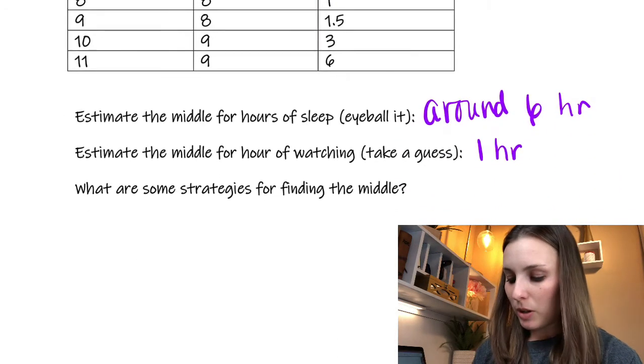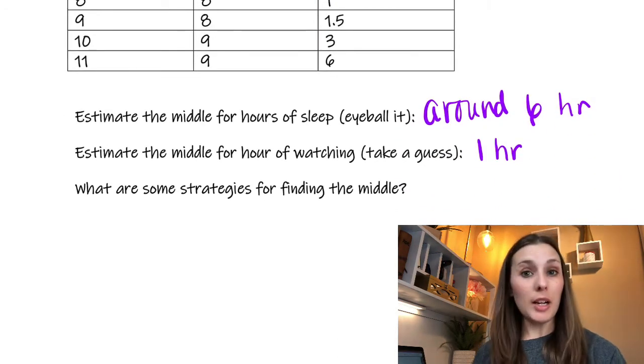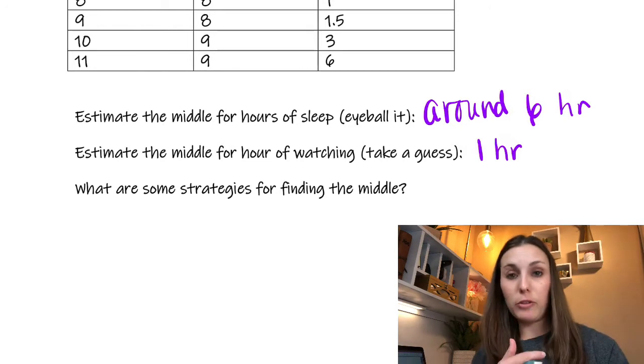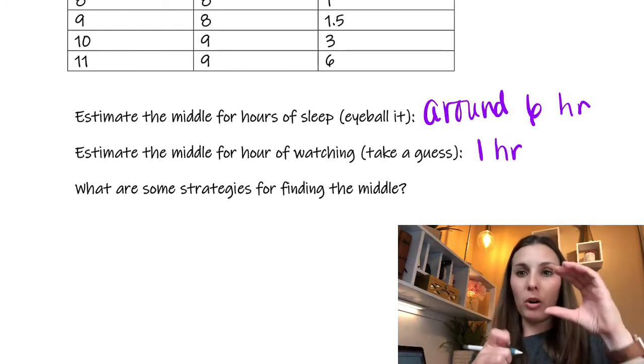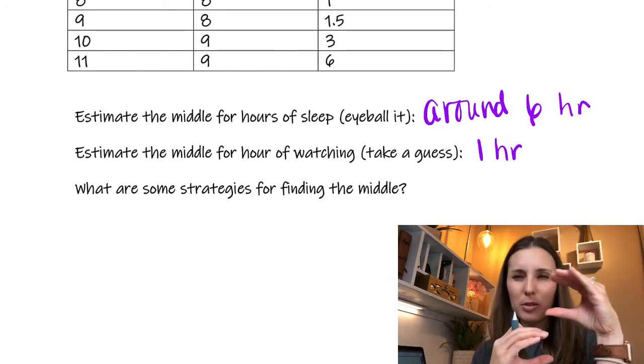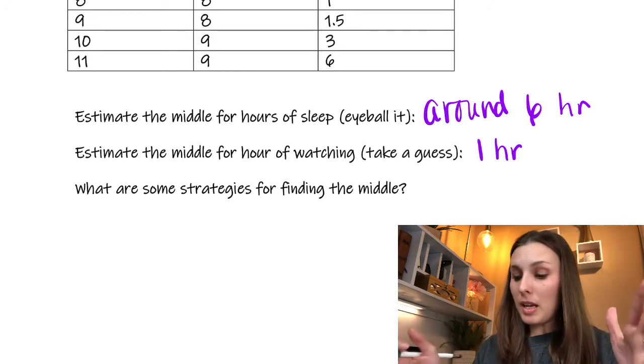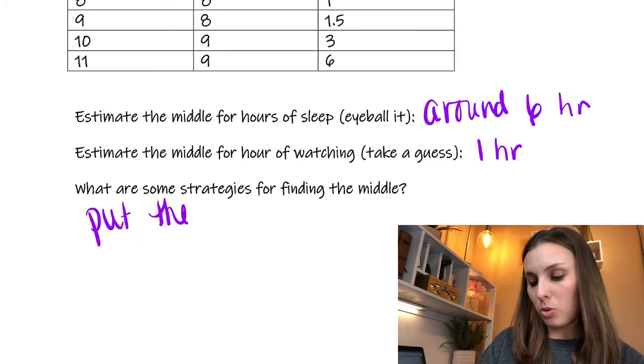And then what are some strategies to find the middle? I talked about that a little bit. I noticed there were 11 items, so you could split that in half. Or you can eyeball it, like this looks like it's the top half and this looks like it's the bottom half. But in either case, you have to put the numbers in order.